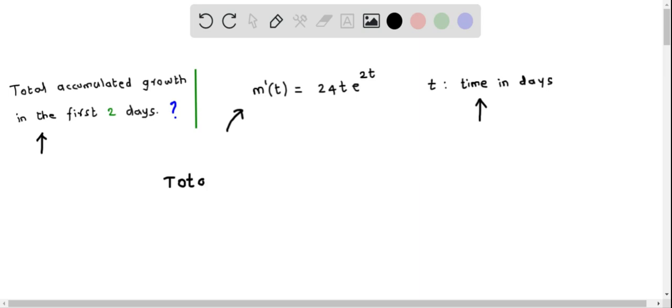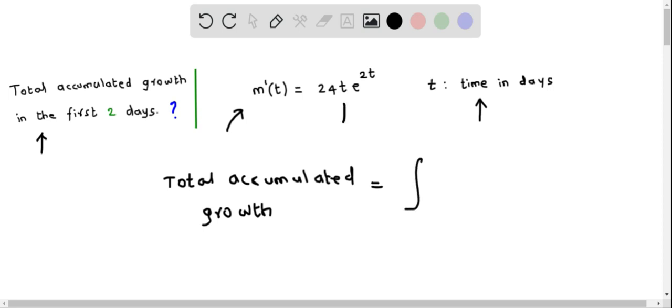So I write down total accumulated growth. And this equals the definite integral of the right side expression, that is 24t e raised to the power of 2t dt, and we have to put the limits.